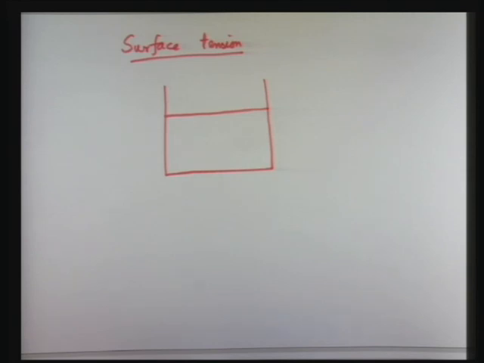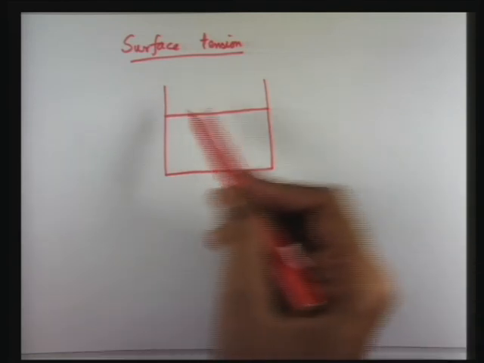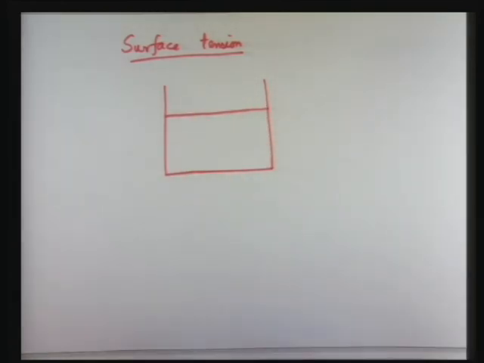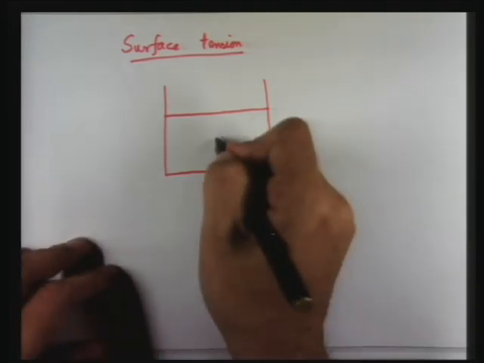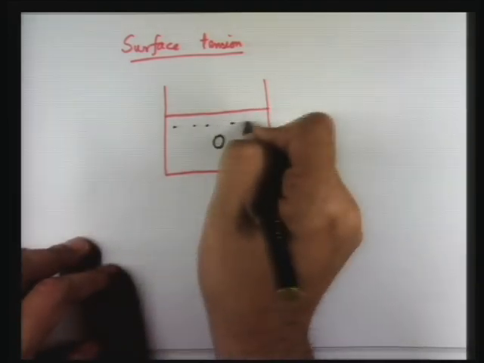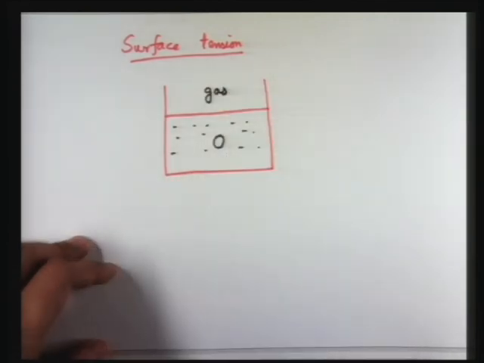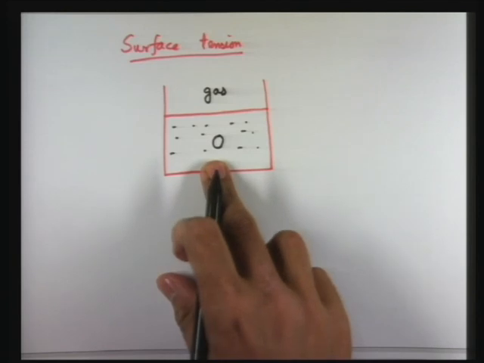When we want to draw something curved, it becomes straight. When we want to draw something straight, it becomes curved. So I have not intentionally tried to draw it as curved or straight, I have just kept it as it is. Now, let us say that this is the liquid, and there is a gas. Let us say there is a molecule here.